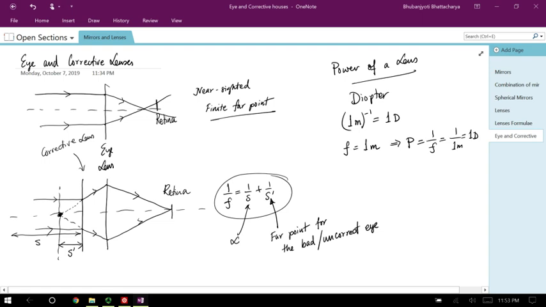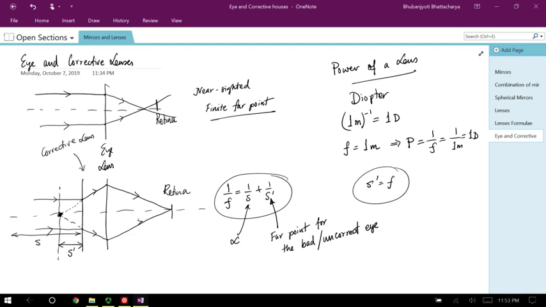Okay, so in this situation, you want S prime to be equal to F, because if S is infinite, you put that in, 1 over S becomes 0, so 1 over F equals 1 over S prime, so S prime is equal to F. Okay, so that's the idea for these kinds of problems.